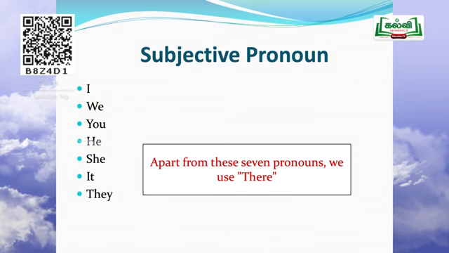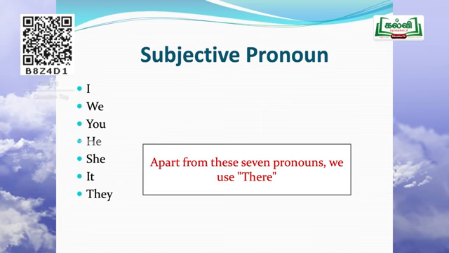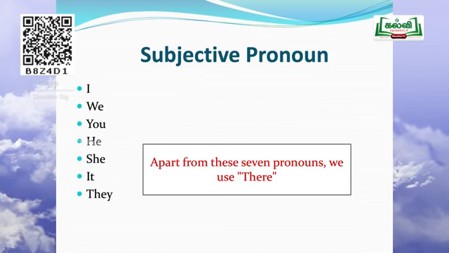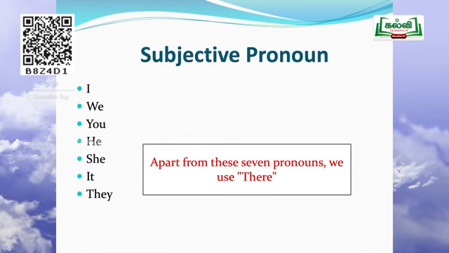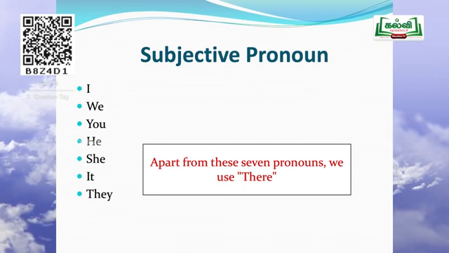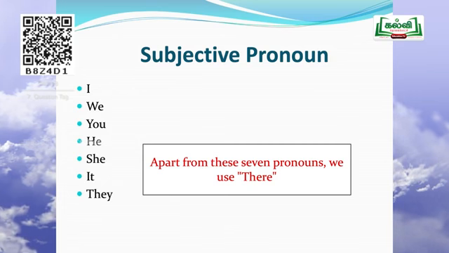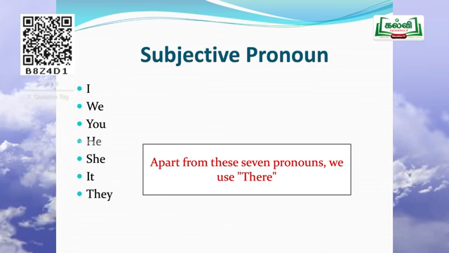Apart from these, we also use "there" while framing a question. I repeat again: I, we, you, he, she, it, they, and there. So while you are framing a question tag, you must use one of these pronouns.